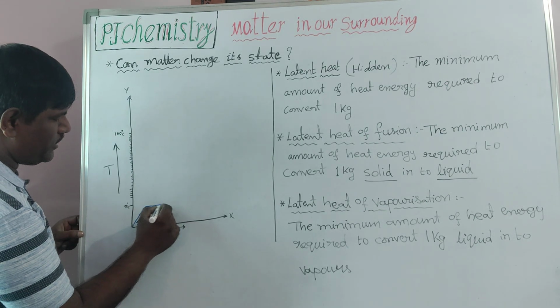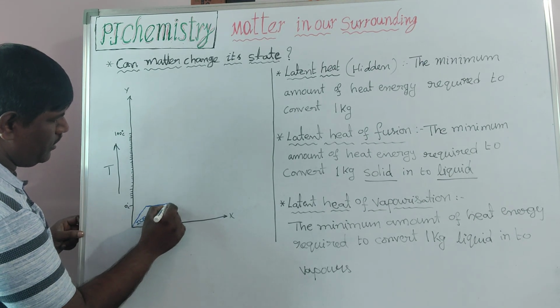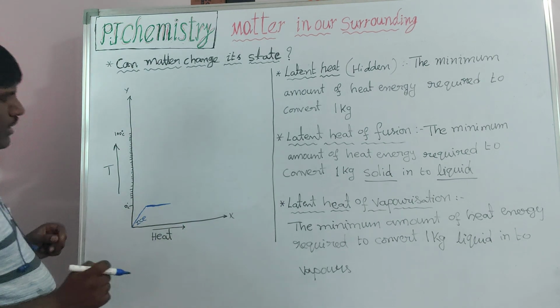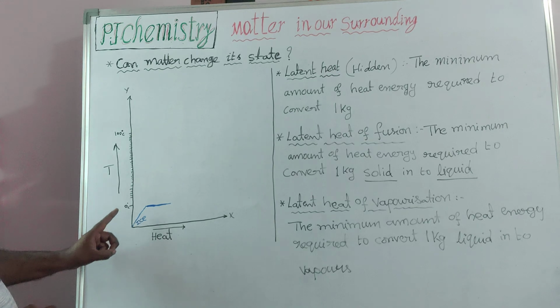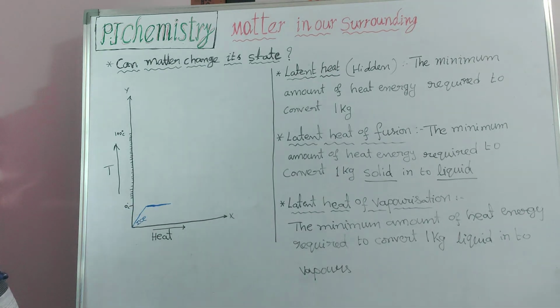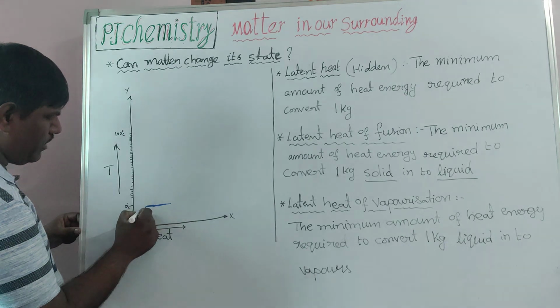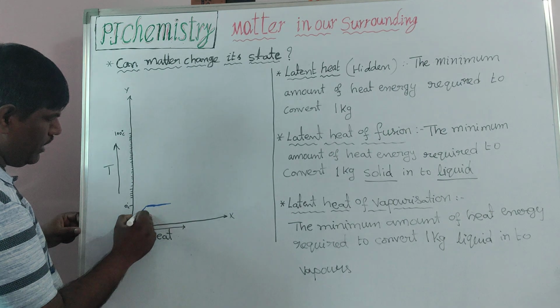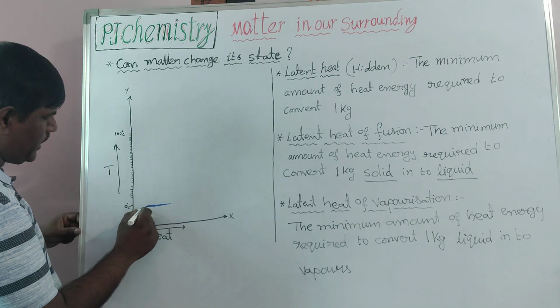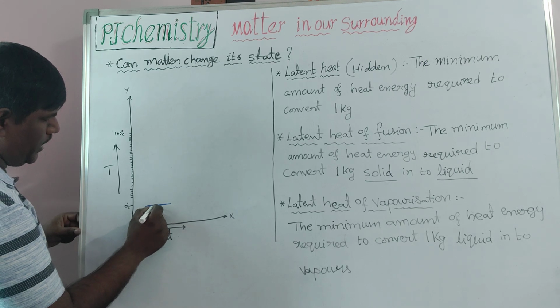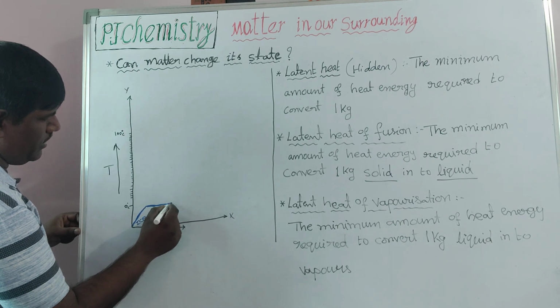At that time, at 0 degrees Celsius, we notice that the ice solid is converting into liquid. While converting into liquid, there is no temperature rise in the thermometer. The temperature is constant at the melting point.